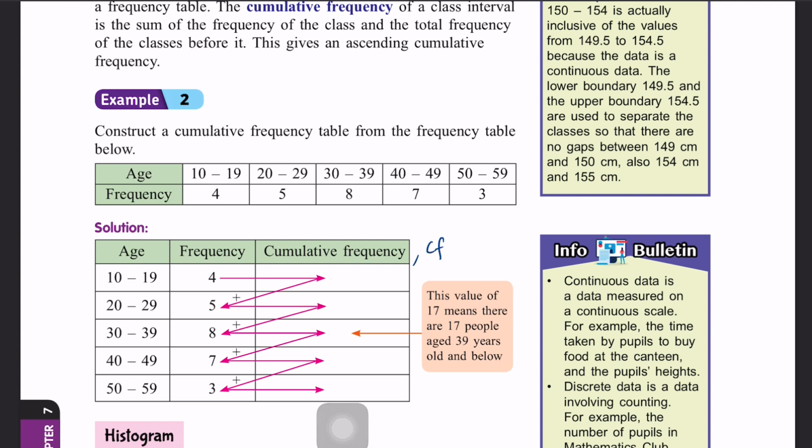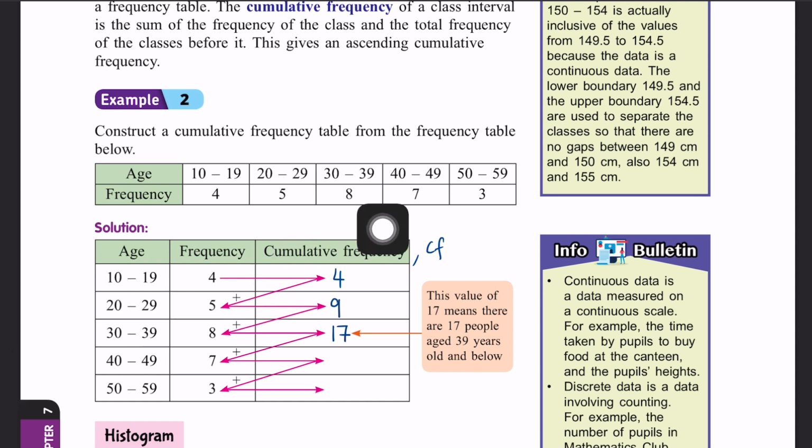So how for us to calculate cumulative frequency? Yang pertama kita tengok 4. Next ada 5, so nak kira 5 tambah 4 dapat 9. Lepas tu kita ada 8, so 9 tambah 8 dapat 17.